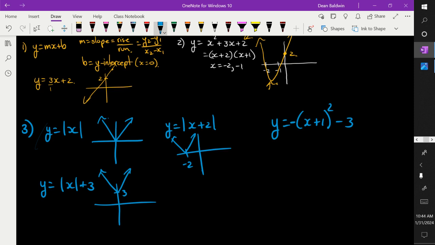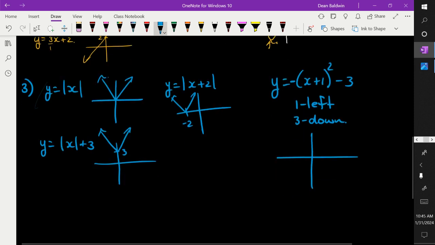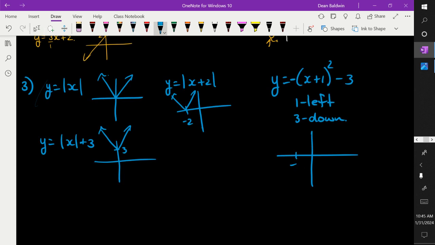So if it's plus 1, ask yourself, what makes the inside of it 0? Negative 1. So that means you went 1 to the left. So we went 1 left. And what does the 3 do? 3 down. So this graph is 1 left, negative 1, and 3 down. That's your vertex.